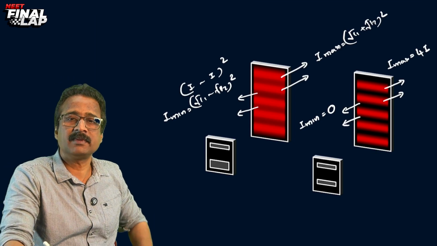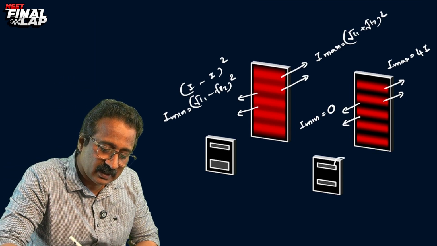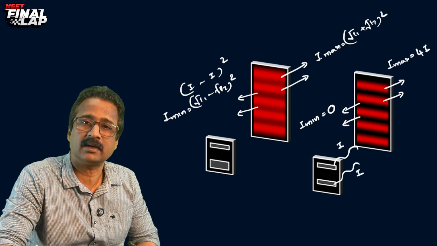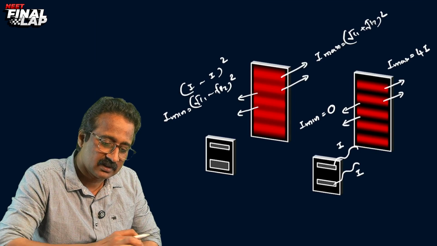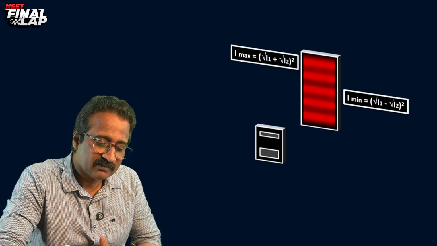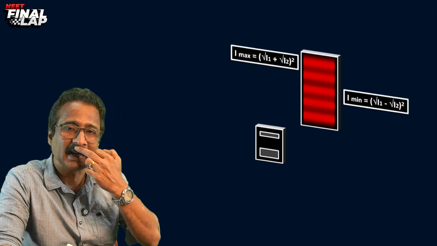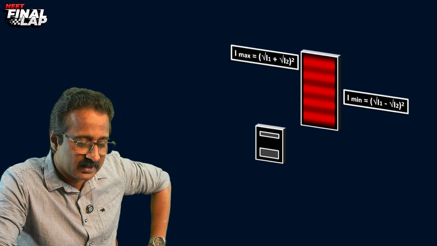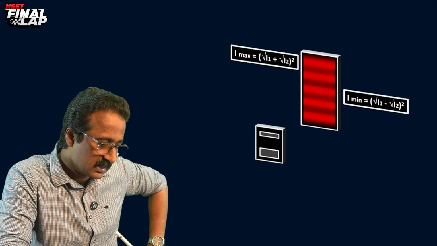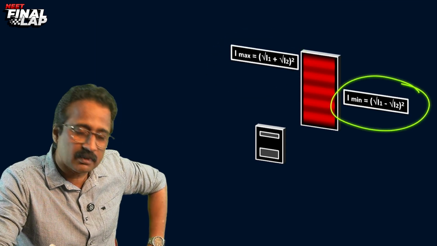So I maximum is 4I and I minimum will be 0, assuming that the light waves reaching from the two slits are having equal intensity. If the two slits are having different intensities, different widths, they'll be emitting light of different intensities as well. So whenever the intensities of light falling on the screen are different, then I maximum is root I1 plus root I2 whole squared, I minimum is this.